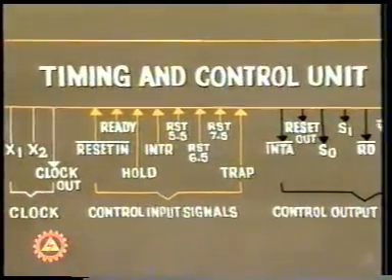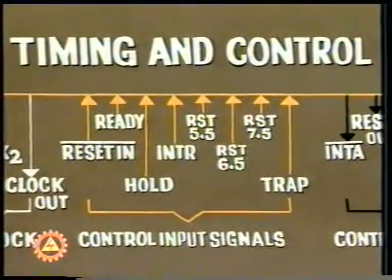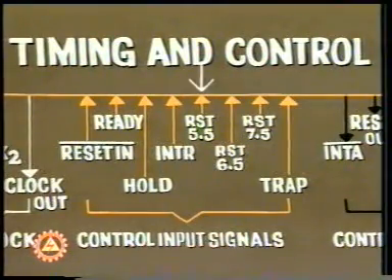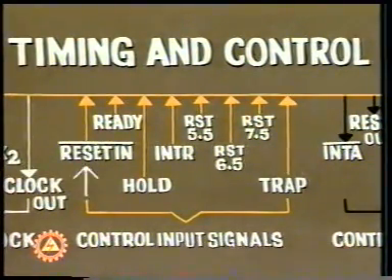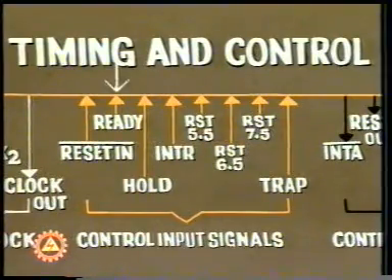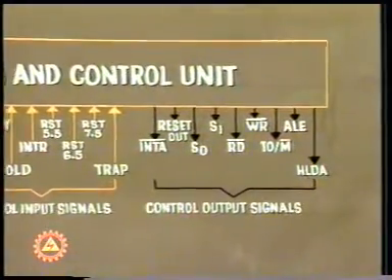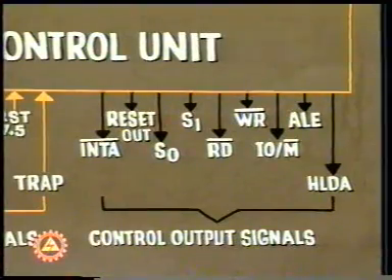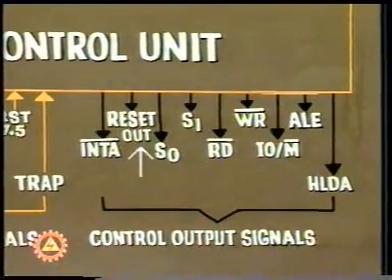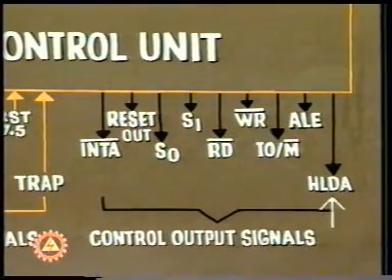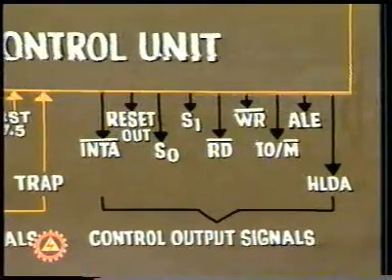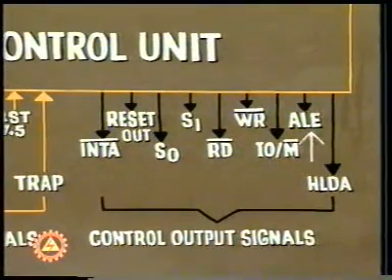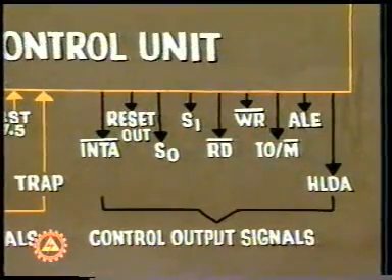It has 8 control input signals, of which 5 are for interrupt signals, and the other 3 are for reset in bar, hold, and ready. 8085A has 9 control output signals, of which 2 are for status signals and 1 each for reset out, hold acknowledge, read bar, write bar, IOM bar, address latch enable, abbreviated as ALE, and INTA bar.